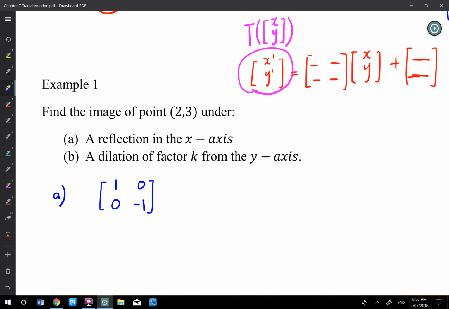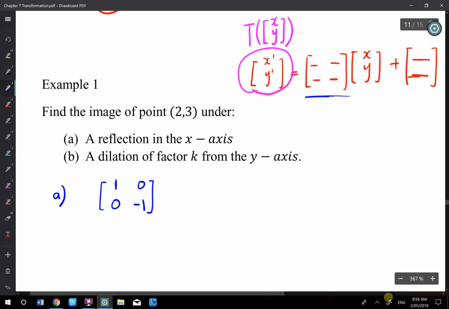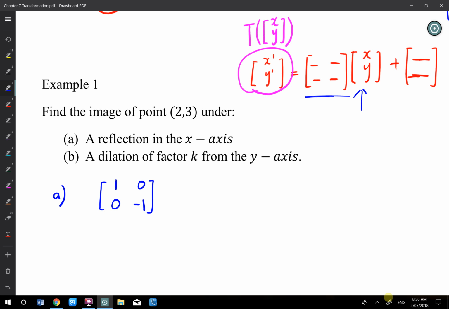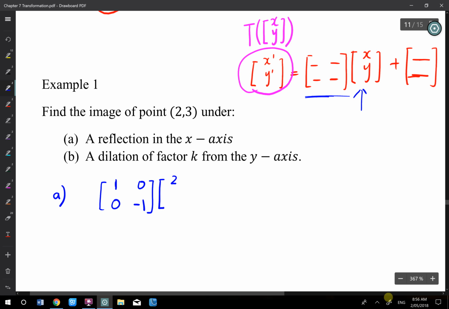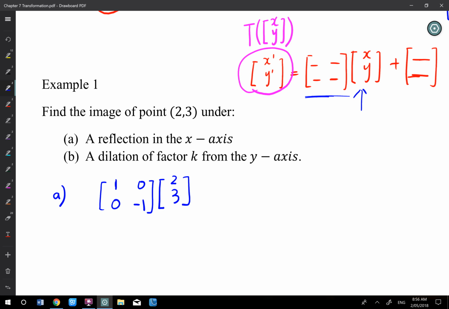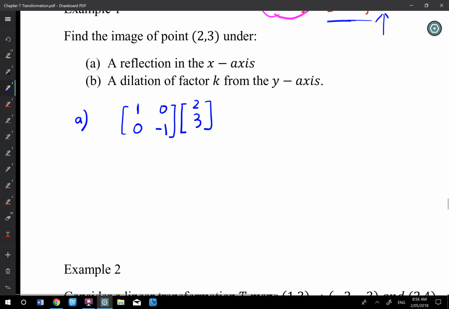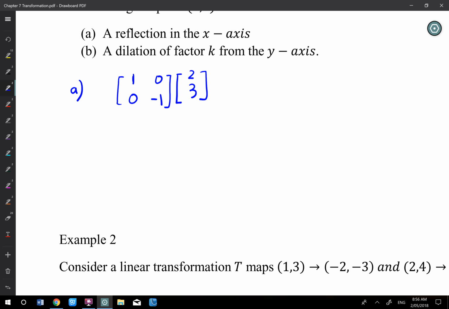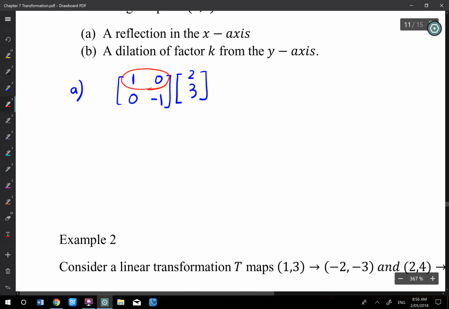Remember, I will multiply the transformation matrix by the old, original point. The original point in this question is 2, 3. After the calculation, I will have the new point, x dash and y dash. How do we calculate that?